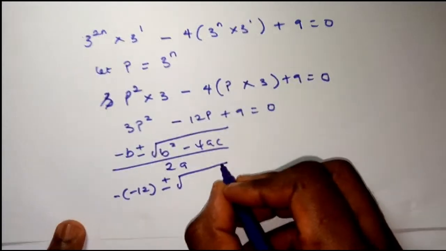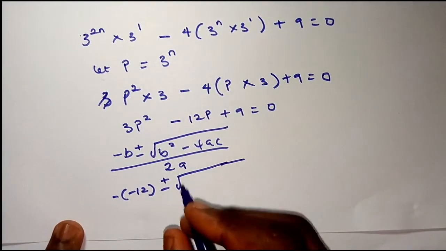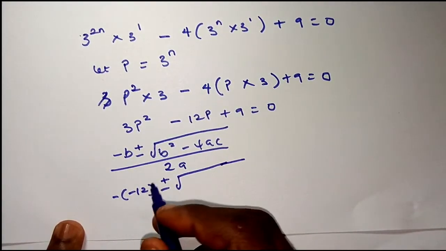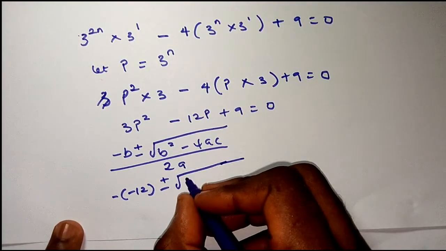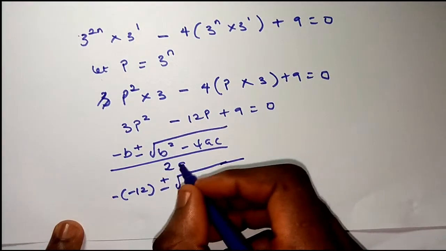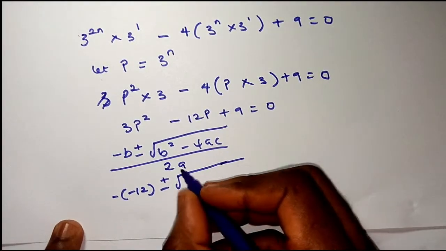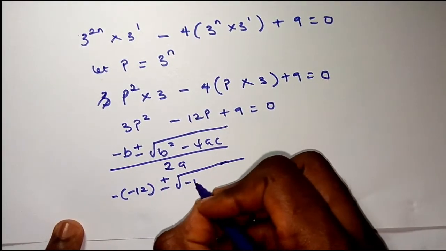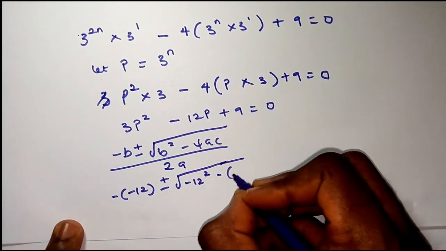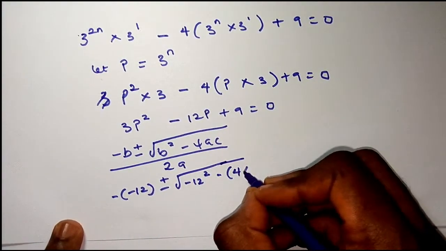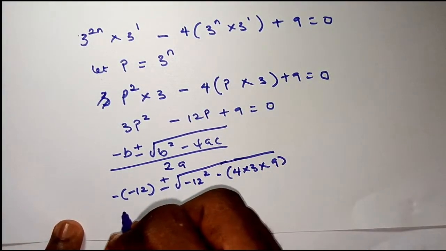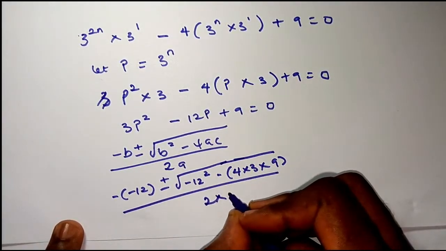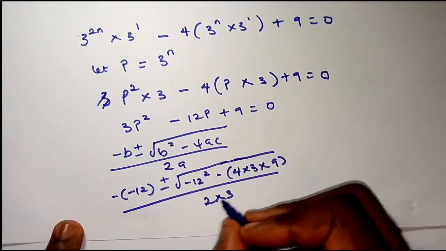You can solve it with any method you want: completing the square, quadratic formula, or factorization. Once you get to this point, you'll be able to solve it on your own. Then we have minus 12 squared minus 4 times 3 times 9, all over 2 times a, that is 2 times 3.